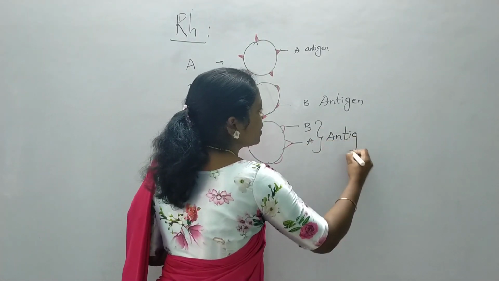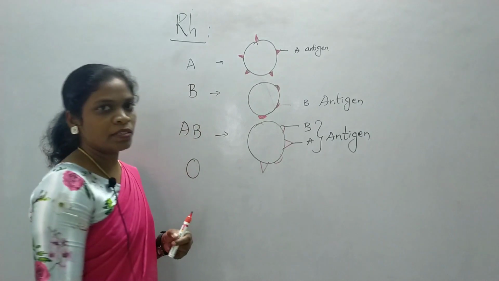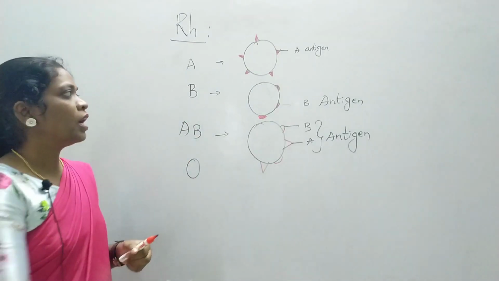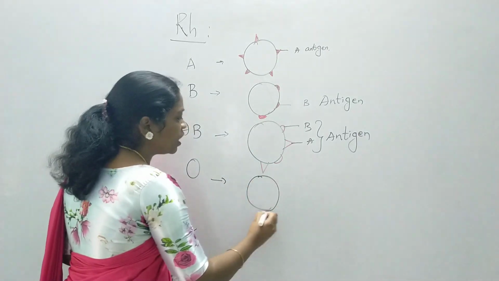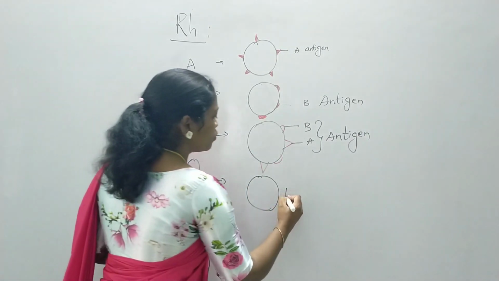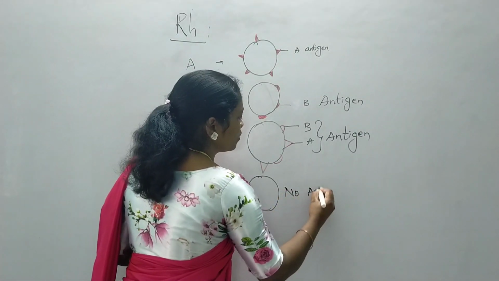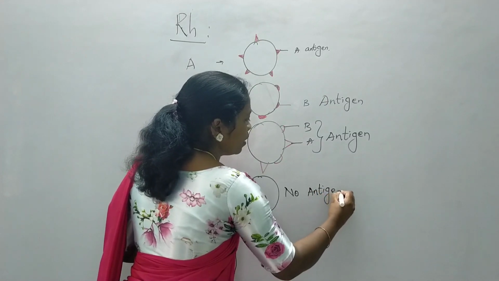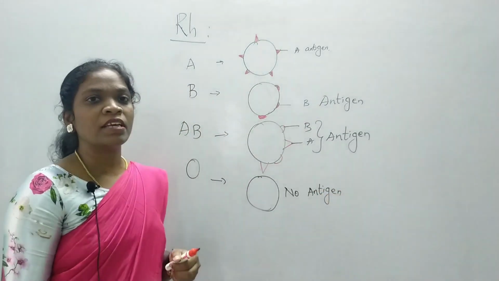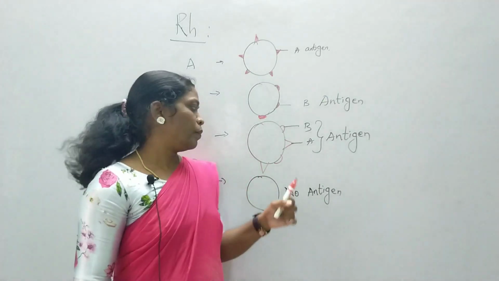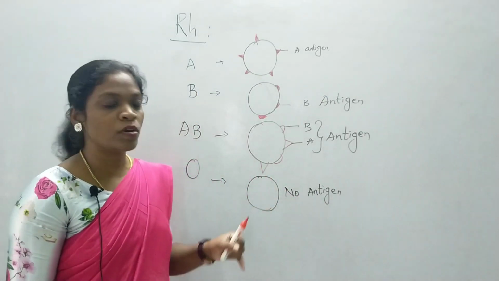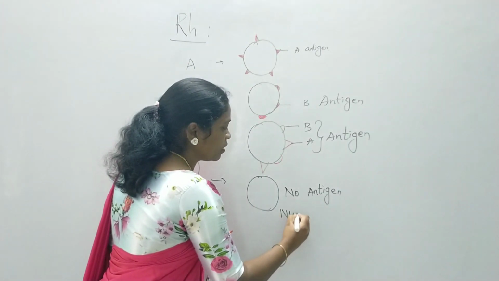That differentiates the blood group as A, B and AB. O, as we have learnt already, has no antigen because it is not going to synthesize any protein or any type of transferase enzyme that produces a surface antigen, so it is also known as null.